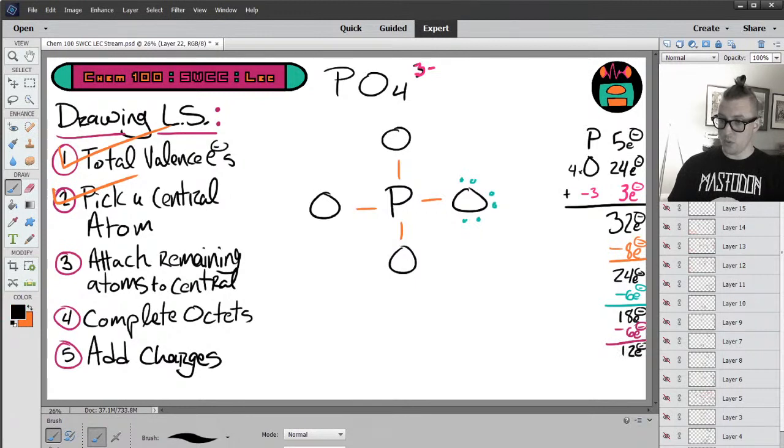So we allocate them accordingly. 1, 2, 3, 4, 5, 6. Our third oxygen needs 6 electrons. We've got 12 in the budget at the moment. 12 minus 6 is 6.